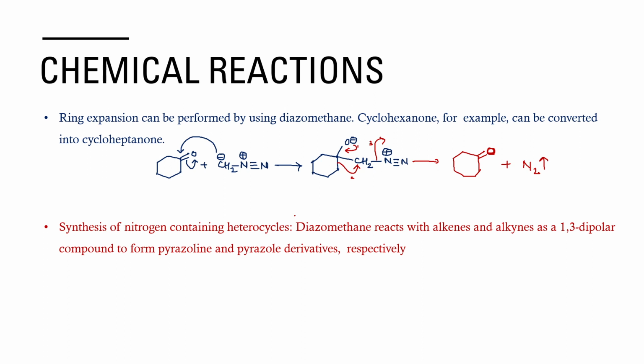Next, synthesis of nitrogen containing heterocyclic compounds. So diazomethane reacts with alkenes and alkynes as dipolar ions to form pyrazolene and pyrazole derivatives respectively. Let's see how this works.